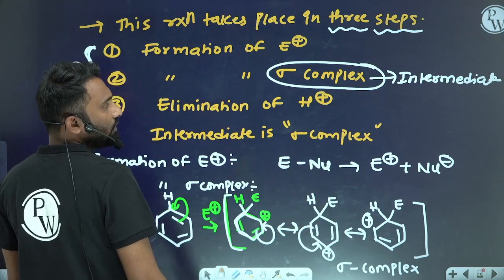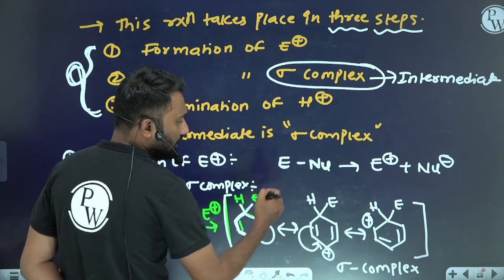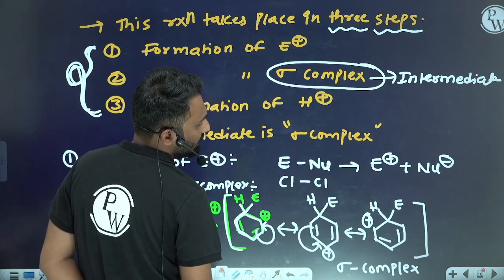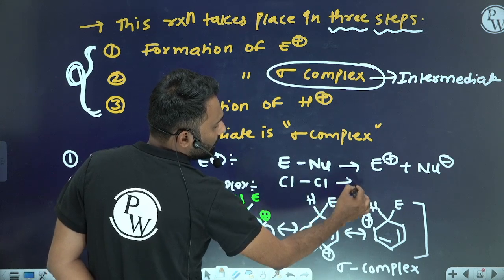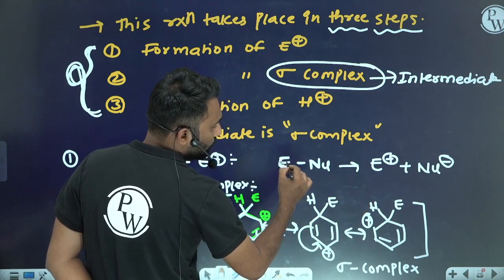Electrophiles are more electronegative, it will take the Cl. This is one electrophile, one is nucleophile.